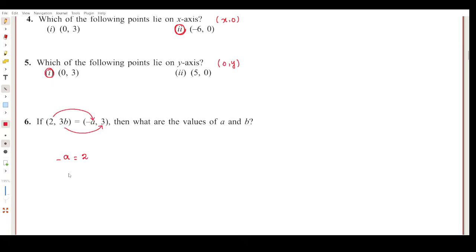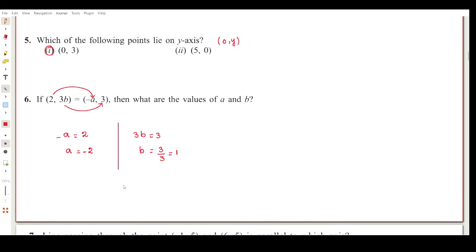That means a is equal to minus 2. Next compare the y coordinate, we have 3b is equal to 3. That means b is equal to 3 by 3, which is nothing but 1. Therefore a is equal to minus 2 and b is equal to 1. This is the answer.